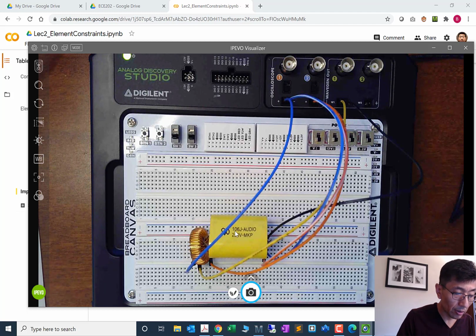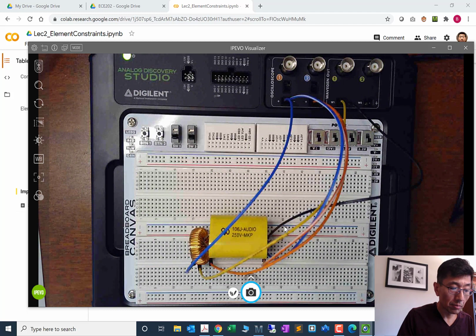By the way, 1006 means 10 to the power 6 picofarad, which is 10 microfarads. And I use the waveform generator. This yellow line and black line coming from the waveform generator will give me the AC, or sinusoidal, signal applied to the two ends of the connected L and C.